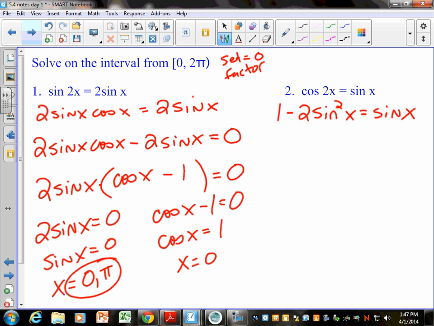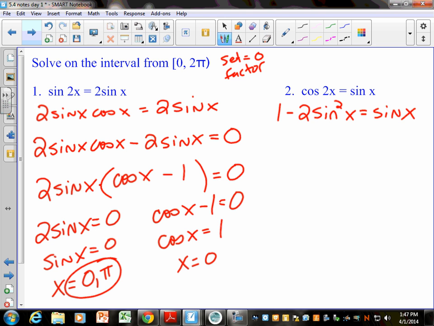Again, if you take my advice up here and set it equal to 0 and factor it, I think that's a good idea. Looking ahead, is there going to be something you can factor out in front of all this? Because there's a 1, there's a sine squared, and there's a sine. But could I do some undoing FOIL where you make the 2 parentheses? I'm thinking like x squared, x, and the constant.